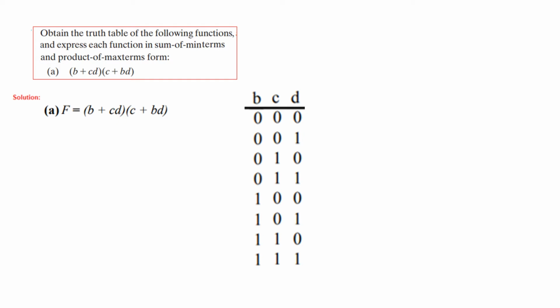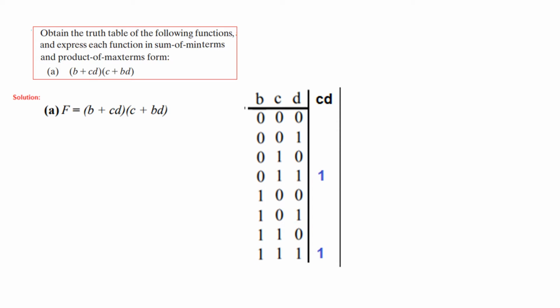Once you get used to it, you will start writing 0 0 1 0 0 1 0 1 0 0 1 1 like this. So this is the truth table. We have used 3 variables, and because there are 3 variables, we should get 2 raised to the power 3, meaning 8 rows. 1 2 3 4 5 6 7 8 rows.